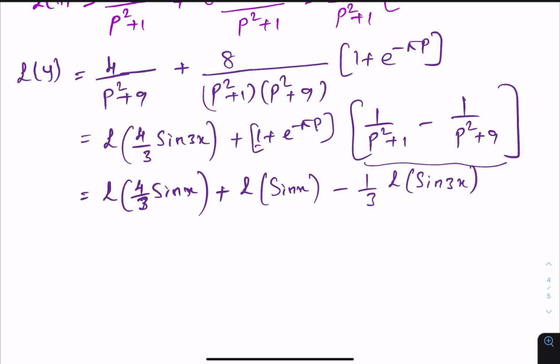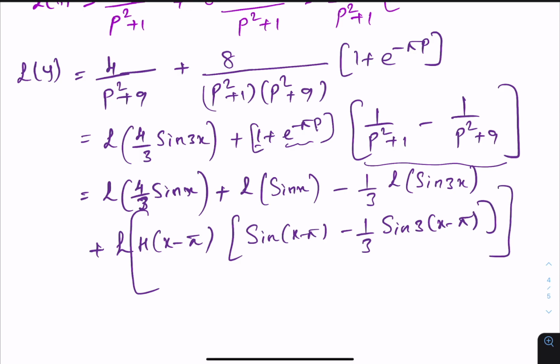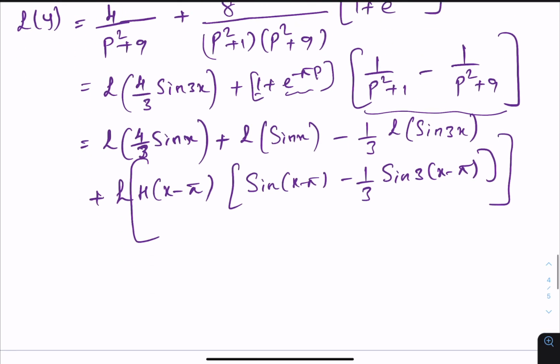Okay, and then by the second shifting theorem, the product of this with that is going to give you plus h of x minus pi times the Laplace transform of sine of x minus pi minus 1 by 3 sine 3 times x minus pi. Okay, so this is what you get. So if you use linearity of the Laplace transform, what you get is y of x is 4 by 3 sine 3x.